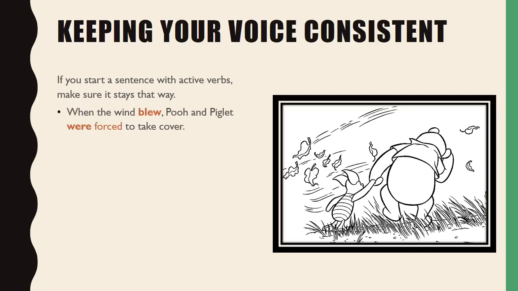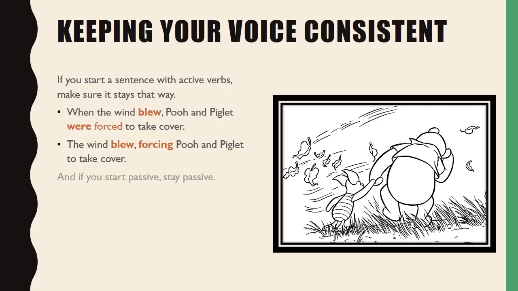If we were to change it to be consistent, it would read something more like this. The wind blew, forcing Pooh and Piglet to take cover. In that case, we just got rid of that extra verb and made the sentence more interesting, more active, more engaging.